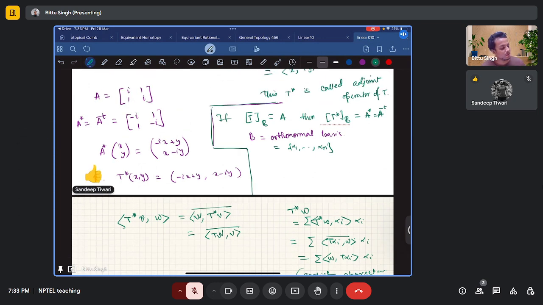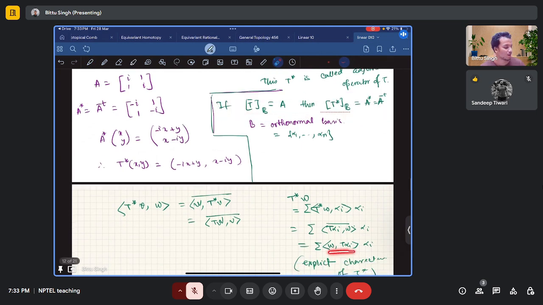Even the proof, whatever I was telling, actually comes from this fact. You can easily see why: TW can be written as the sum of TW comma alpha_i, alpha_i, but here you are writing W comma T alpha_i.